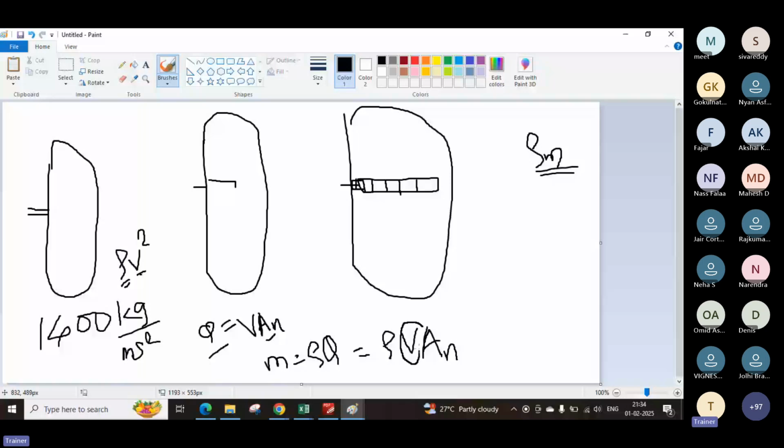If you know this velocity, you can use this velocity here and check what is the momentum through this nozzle. So if you are thinking that you don't have to use any inlet device, then the maximum value you can go for is 1400 kg per meter square.